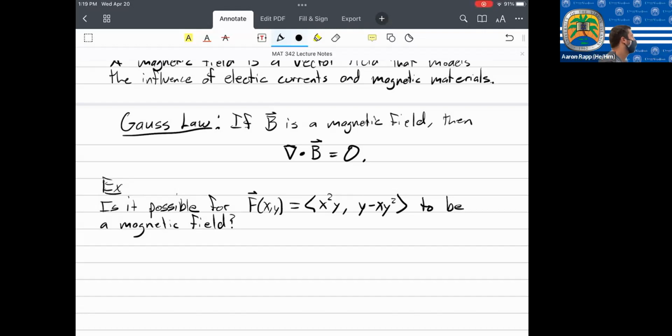And just for all those in modern physics, yes, this is definitely a simplified version of Gauss's law, just to make a point that this operator does show up. So can this be a magnetic field?